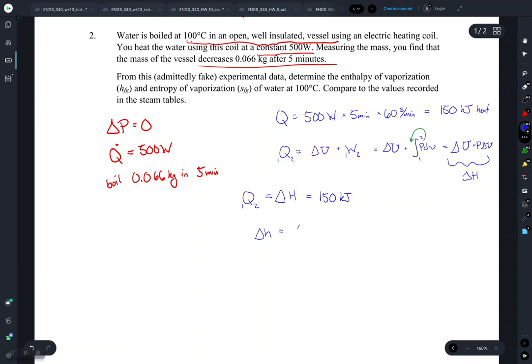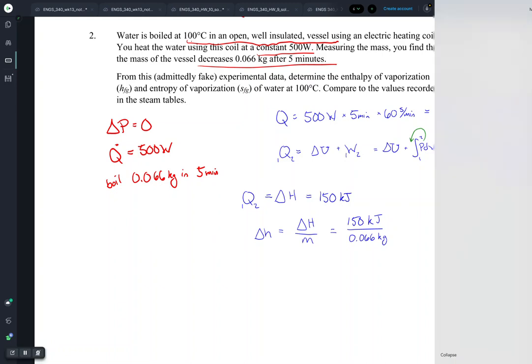Little delta h equals big delta H divided by the mass, where our total enthalpy is 150 kilojoules. That's how much heat we put into the system. It goes in as enthalpy, and then we put that into the water that was boiled. So the water that didn't boil didn't actually experience an enthalpy change. It's still liquid. It's still 100 degrees C. Only the water that actually boiled experienced a change in enthalpy.